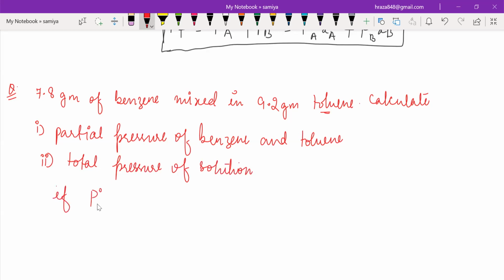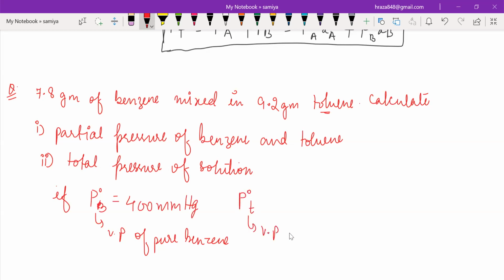If P naught B, that means the vapor pressure of pure benzene, is equal to 400 mmHg, and P naught T, that means the vapor pressure of pure toluene, is equal to 300 mmHg.